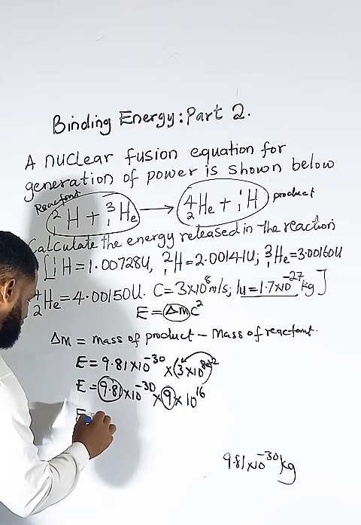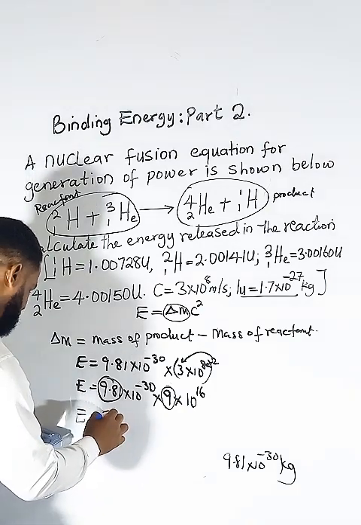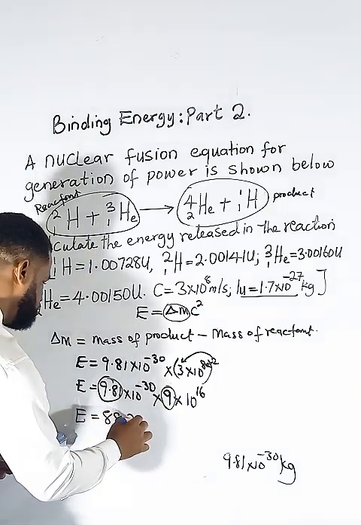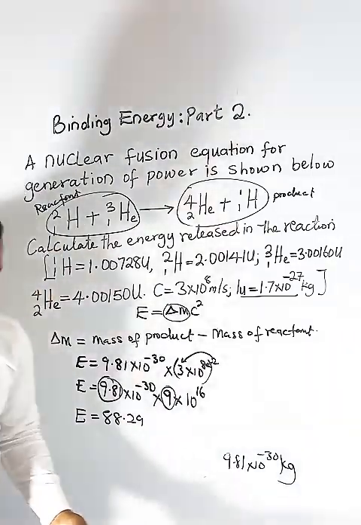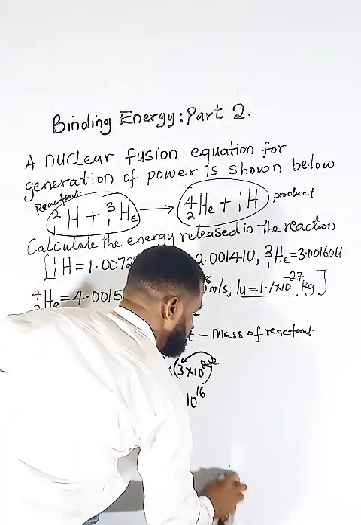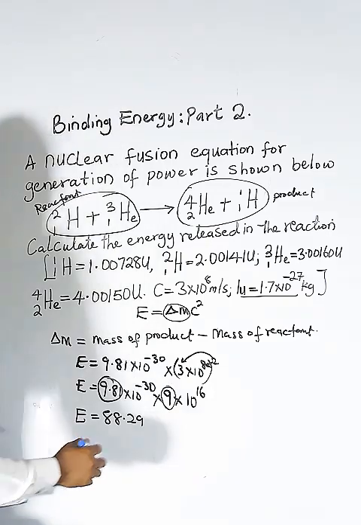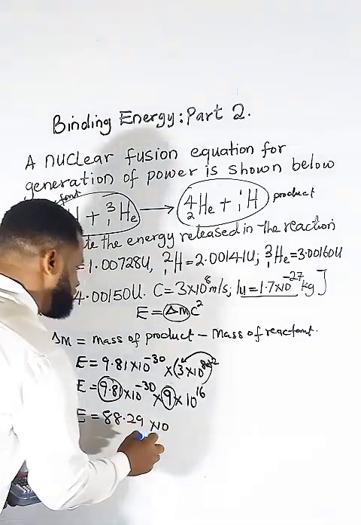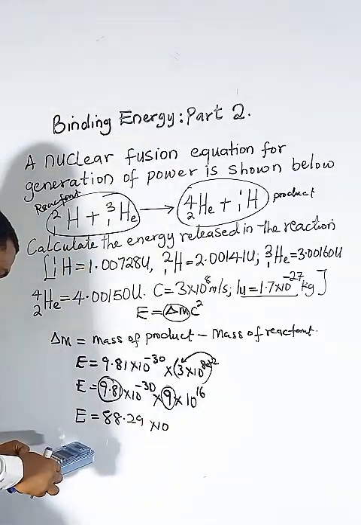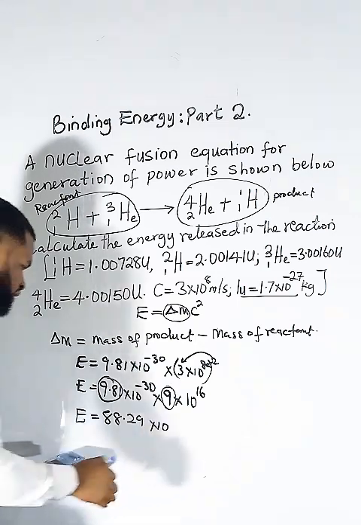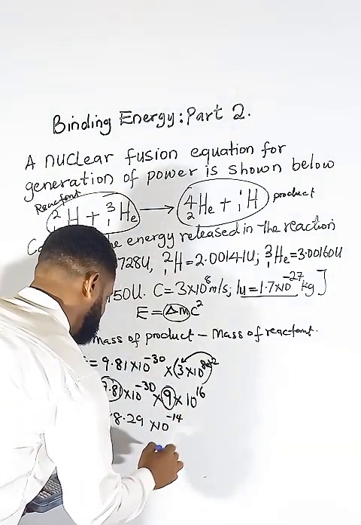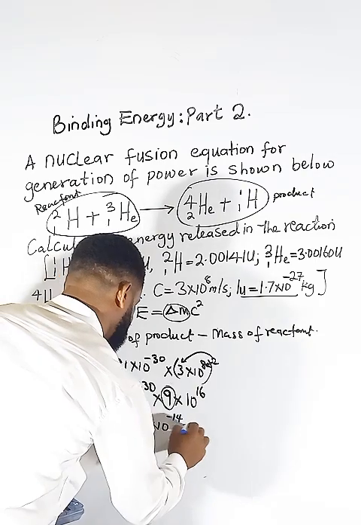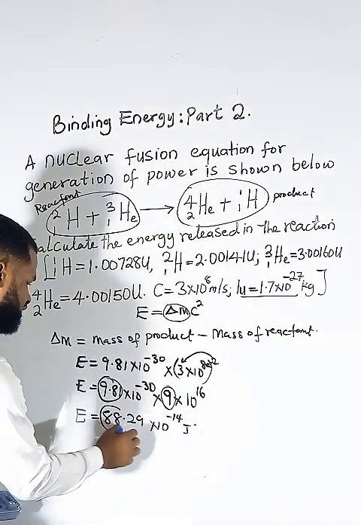So the binding energy there is given as 88.29 times 10 raised to the power 16 minus 30, which is minus 14 joules, but then we have to write this in standard form as well.